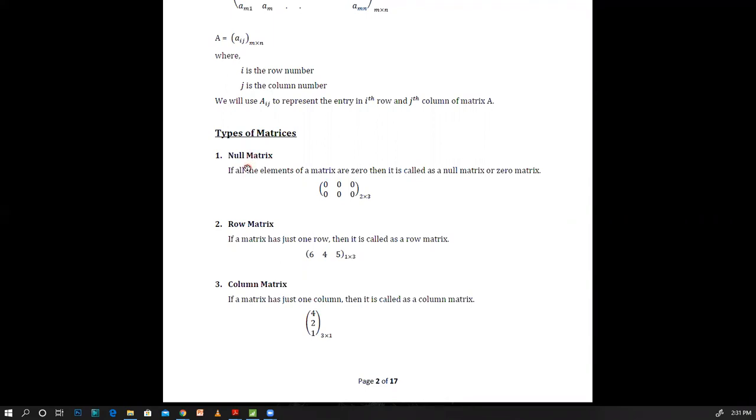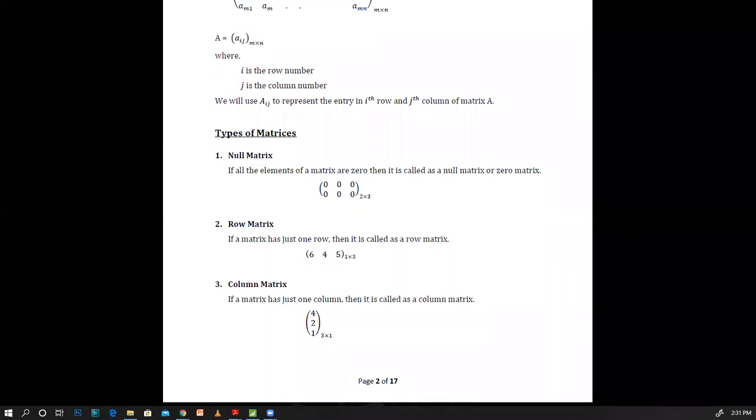The first form of matrix is the null matrix. Suppose you get a matrix which has all the elements as zeros, then such a matrix is said to be a null matrix.